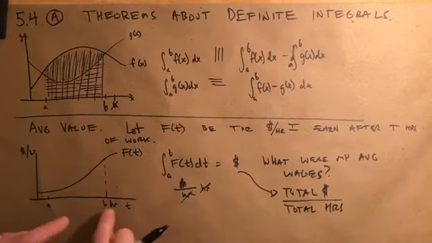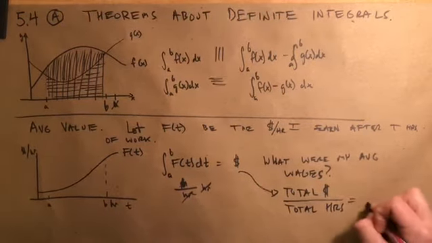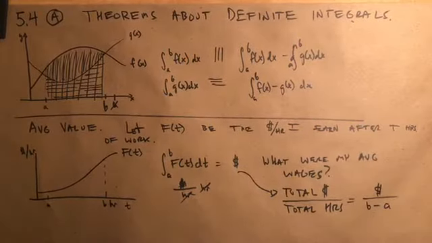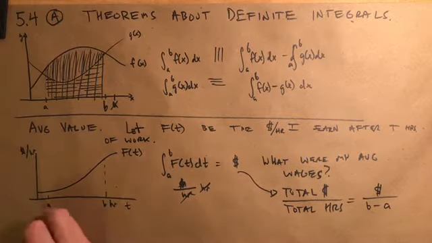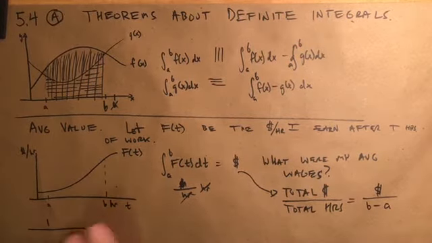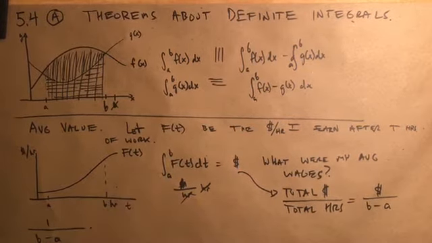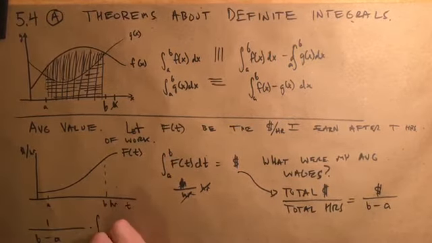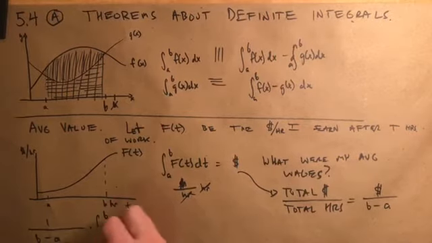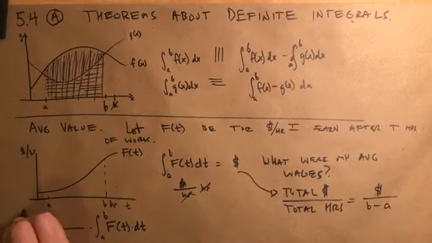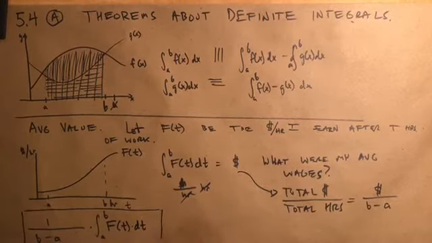Oh, I went from A to B, and so that should be B minus A hours. In other words, talking about the average value here, I'm going to have 1 over b minus a multiplied by the integral from a to b of f of t dt. And this is your average value formula.